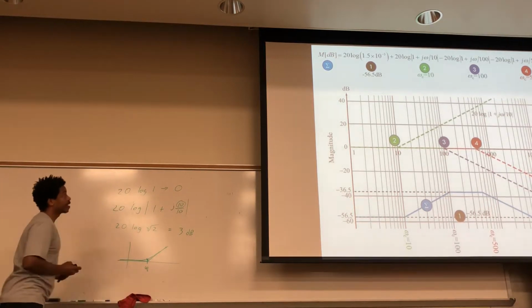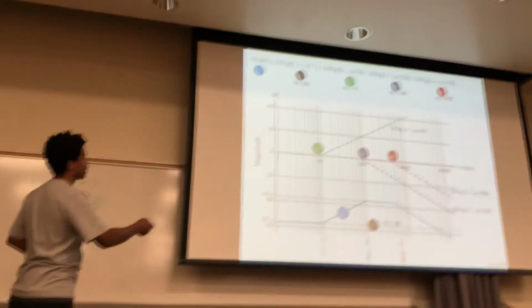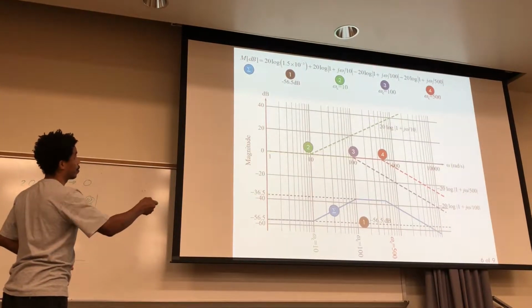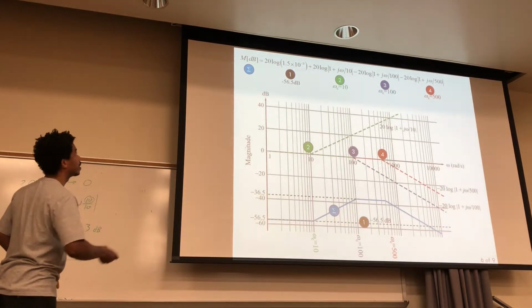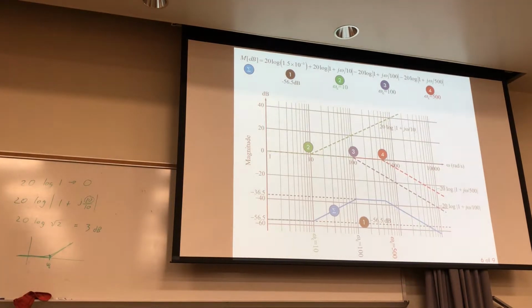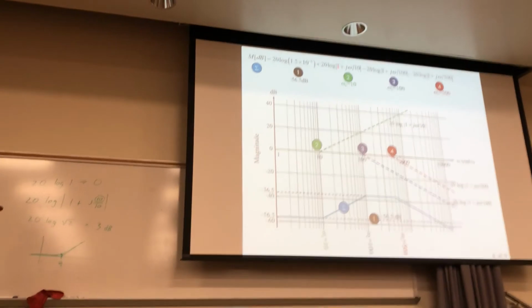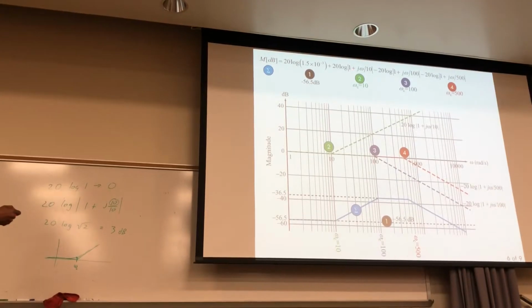So that's why these values, like right here, when omega is really small, this goes to 0. And then as omega gets very large, then what happens is that this value dominates, and that one doesn't. So that's almost like it's not even there.